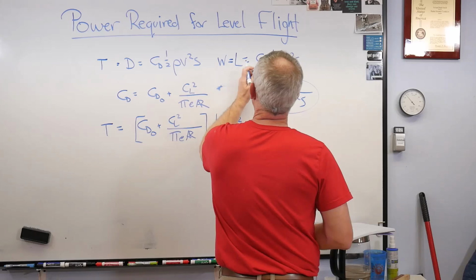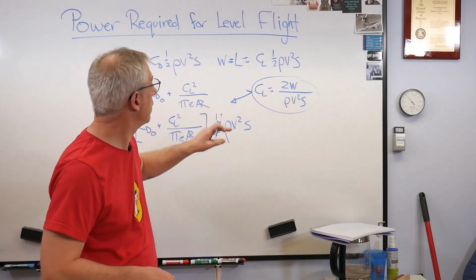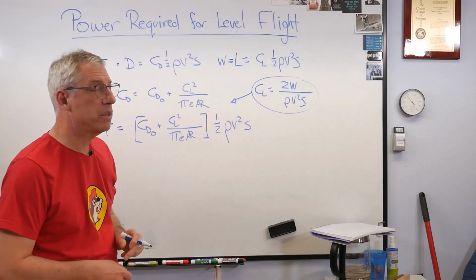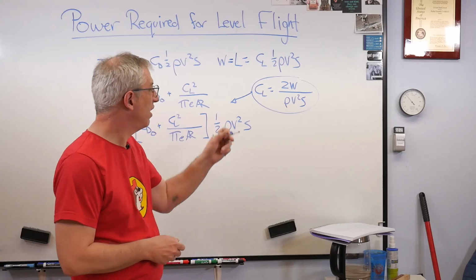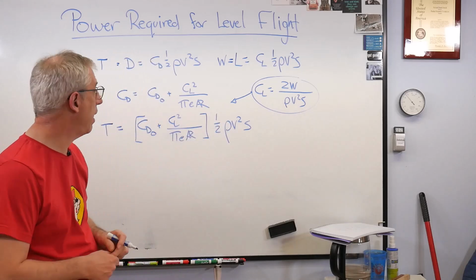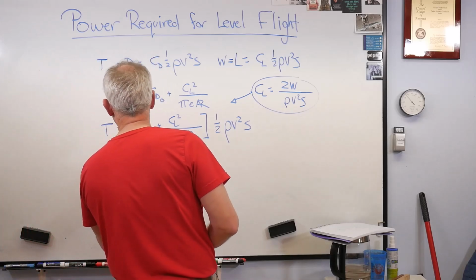So that expression is going to get substituted in down here. And I'm going to have an expression for thrust required that's only a function of velocity and some of these other things, but it isn't going to have a CL in it. So let's just go ahead and plug that in.